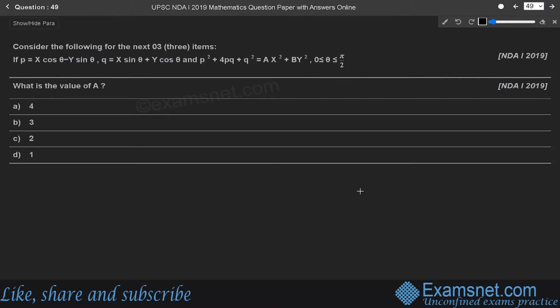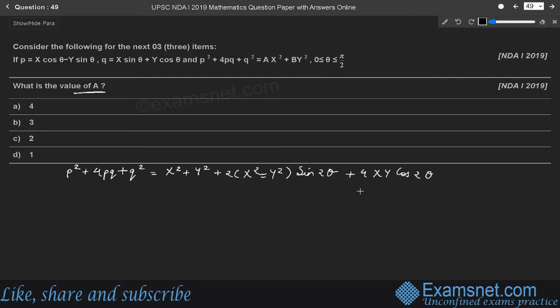Next part of this question is, see the directions are same, but here we have to find the value for A. From the previous question, we have a value which is P square plus 4PQ plus Q square is equal to x square plus y square plus 2 into (x square minus y square) into sin 2 theta plus 4xy cos 2 theta.